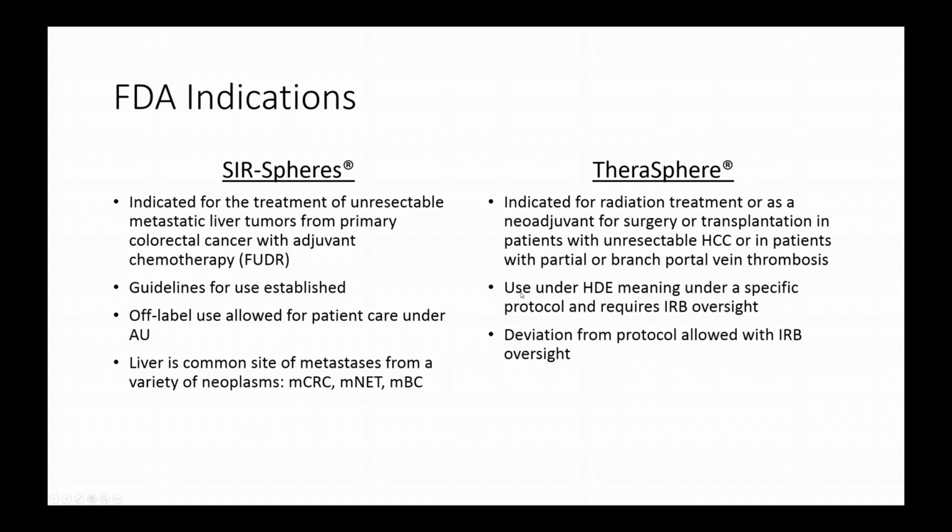TheraSpheres itself was approved in 1999 under the humanitarian device exemption, and essentially it requires the use of a protocol at every institution that oversees the use of the device in the U.S. Now, outside the U.S., the rules are a little bit easier, and so they don't have this IRB oversight required. But for the use of TheraSpheres in the U.S., you must have an IRB protocol with oversight.